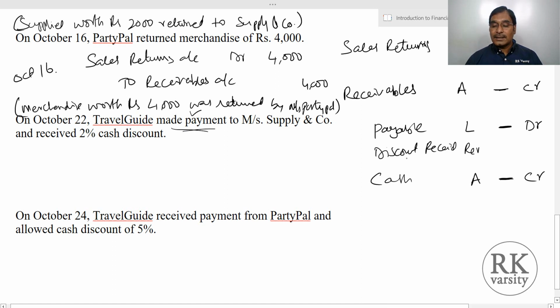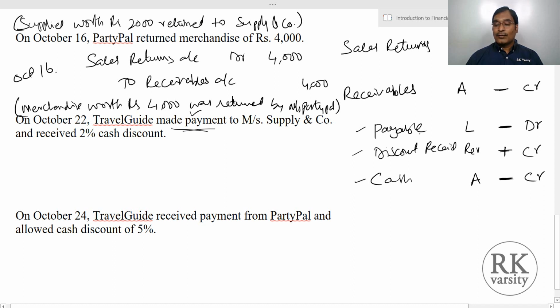Next is you received the discount. So discount is your revenue. So there is an increase in revenue. When there is an increase in revenue, we credit. So here we have three accounts. One is a payable account, second one is discount received, and third one is a cash account.